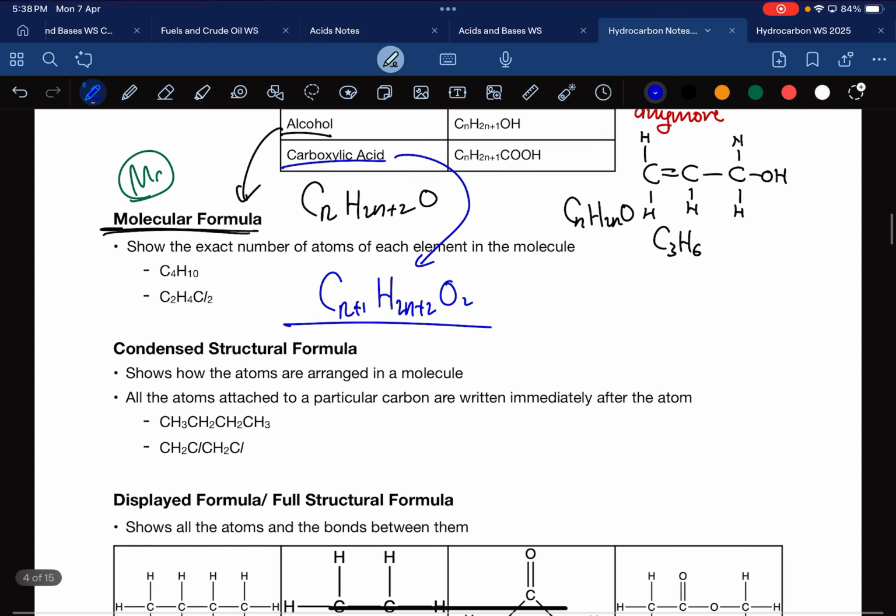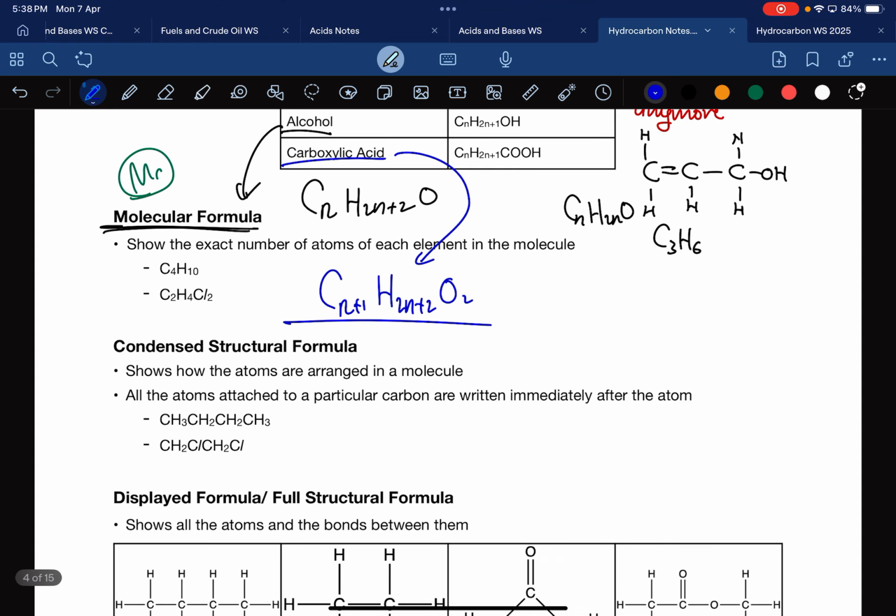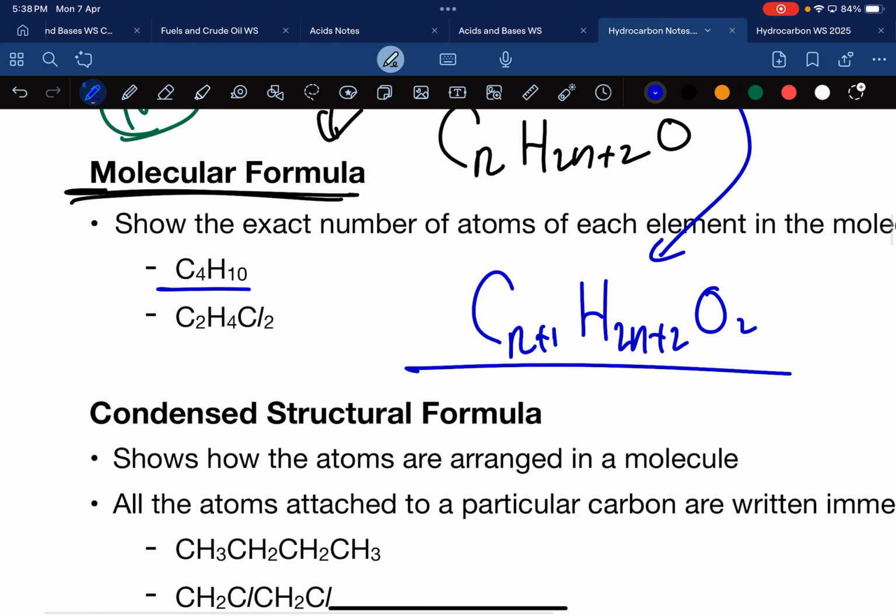Good. So after molecular formula, we have the condensed structural formula. In other words, let's say over here, 4 carbons. Kalista, what's this guy called? Or you can tell me what family does he belong to first? C4H10. Alkanes, okay?